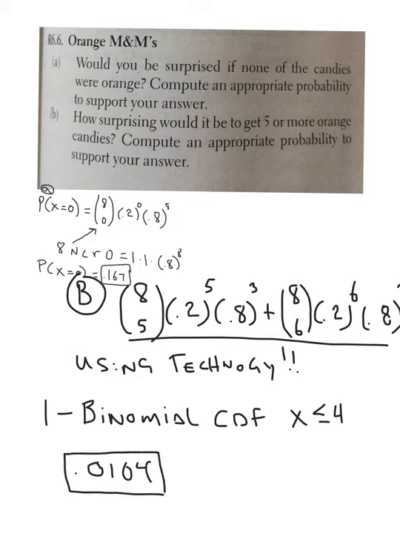So we only have really a 1% chance of this happening. So 5 or more orange, when the probability is only 20%. So that does seem a little odd, don't you think? I get 8 candies and 5 or more of them are orange. That would seem a little bit weird, which is what this indicates, weirdness, only 1% of the time. Okay, there's that.